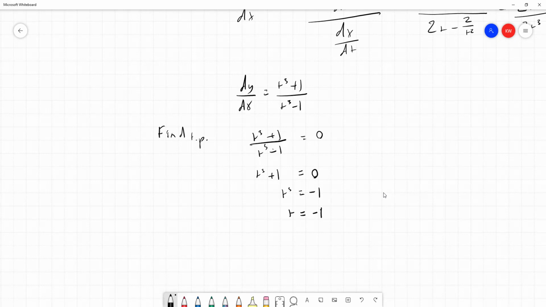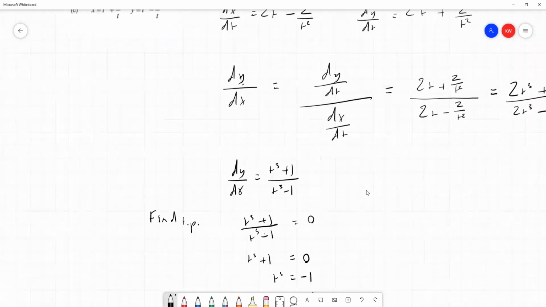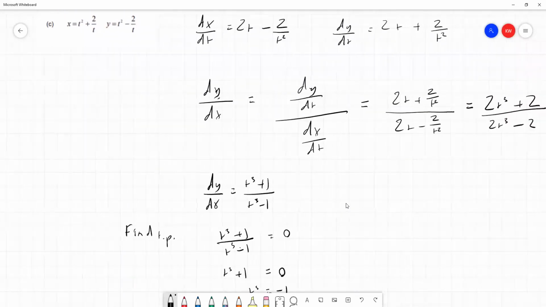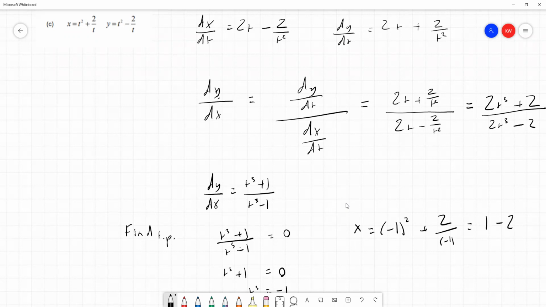So we can use this value with our functions for x and y in order to find the one turning point that this function has. So we're going to have x equal to minus 1 squared plus 2 over minus 1. That's going to give us 1 minus 2 equal to minus 1 for the x coordinate.